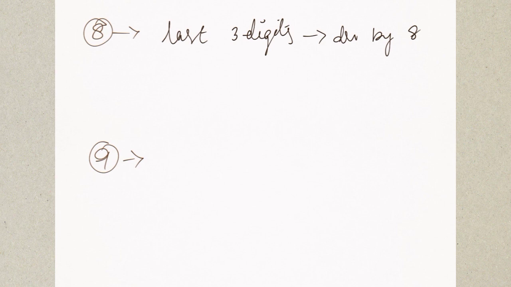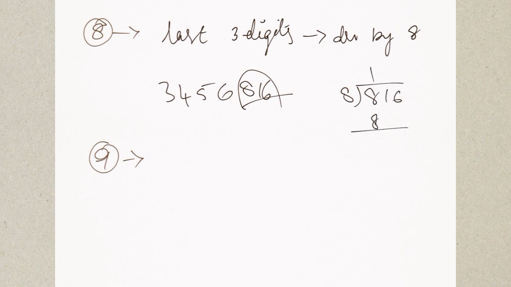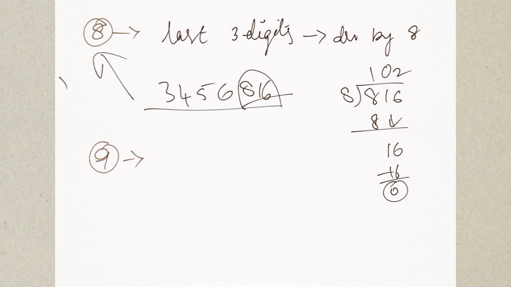Suppose it is 3456816. See, 816, you have to do division like this. 8 ones are 8 and 0, get down 16, and then 2 8's are 16, so 102. So that's why it is divisible, and the whole number will be divisible by 8. I hope it is clear to you. I'll erase this.